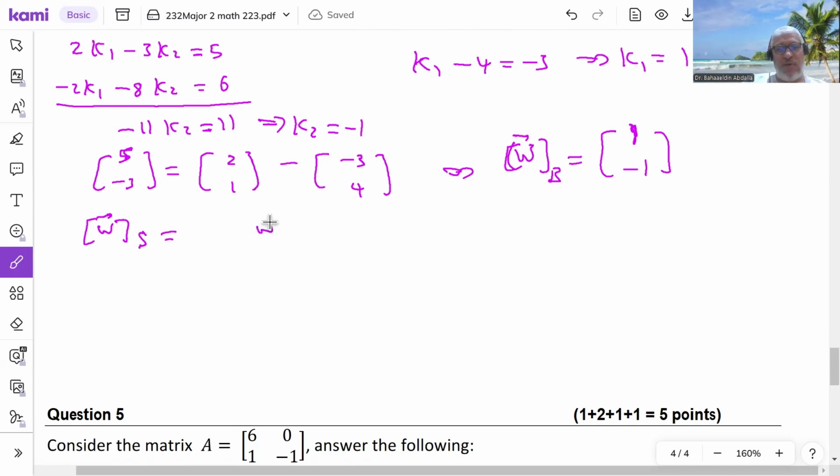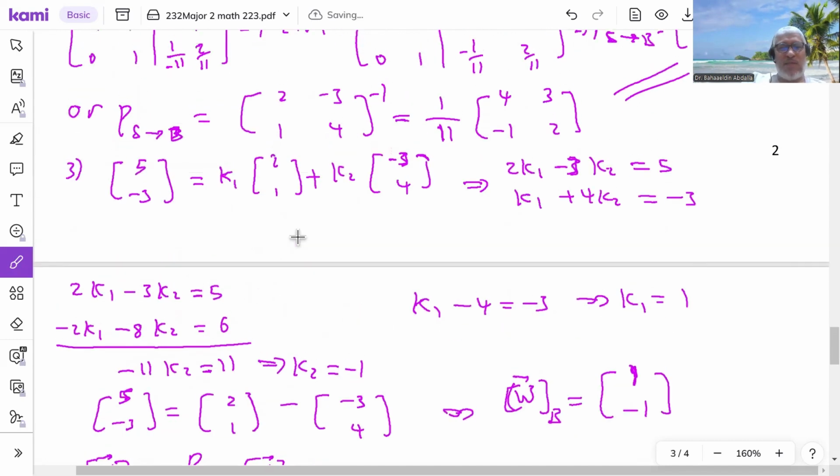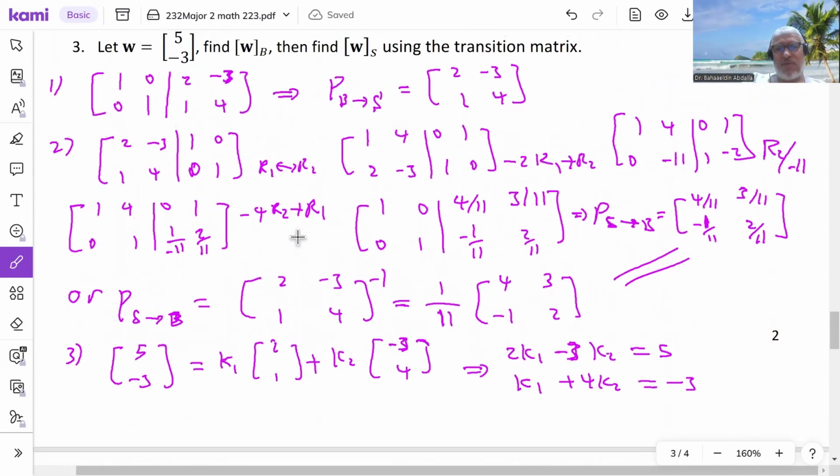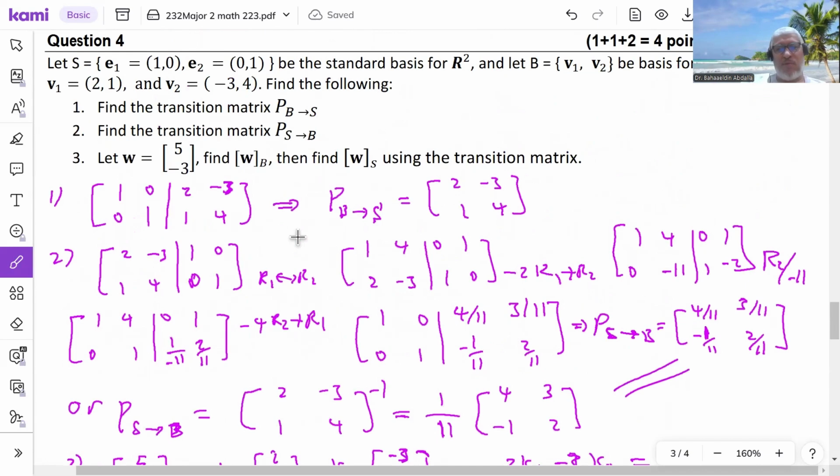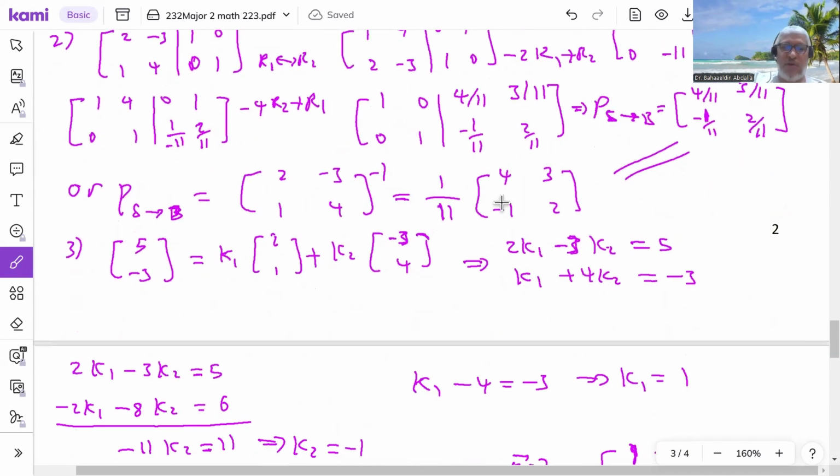And you have WB, you need to multiply WB by the transition matrix that takes you from B to S. You have B and you need to go to S. So you multiply WB by the transition matrix from B to S. And the transition matrix from B to S was this one, 2, 1, negative 3, 4.